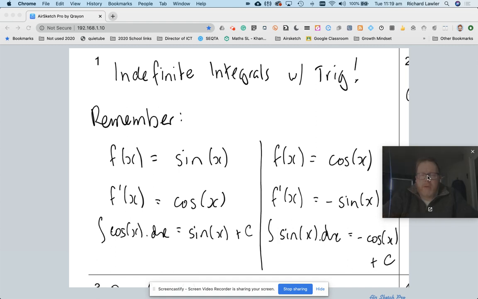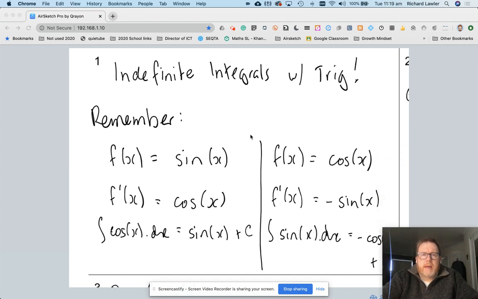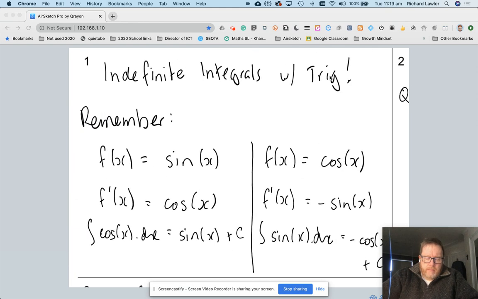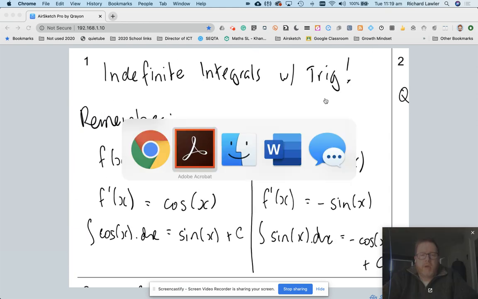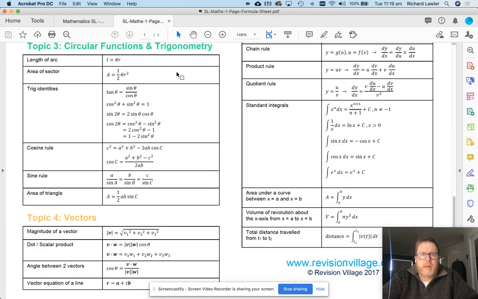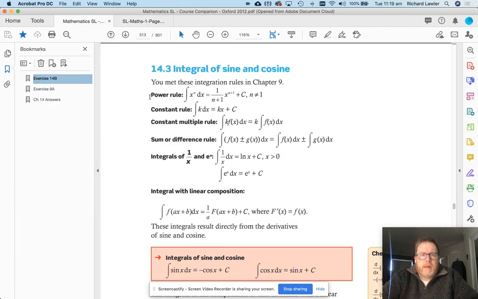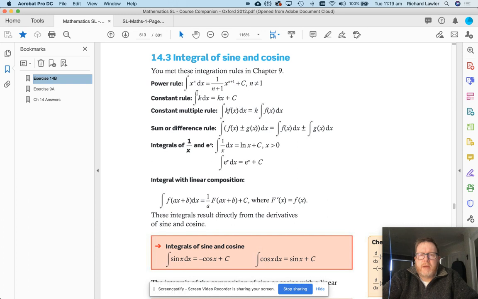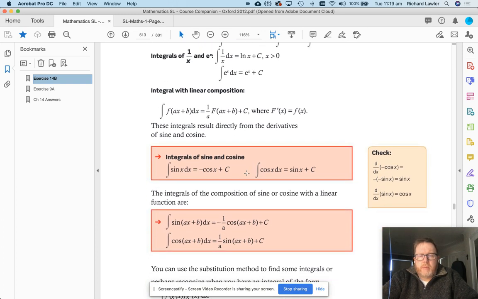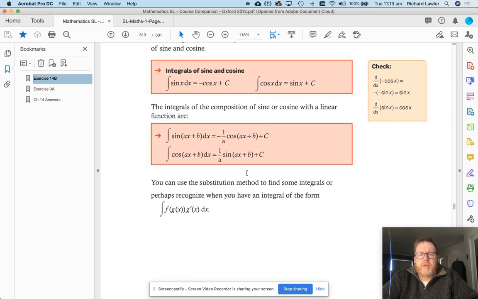What I thought I might do is go through some examples from the textbook. Looking at the textbook here, it's back to chapter 14 for the integral of sine and cosine. It starts off by going through the general rules, so you can have a look at that at some point if you need to.